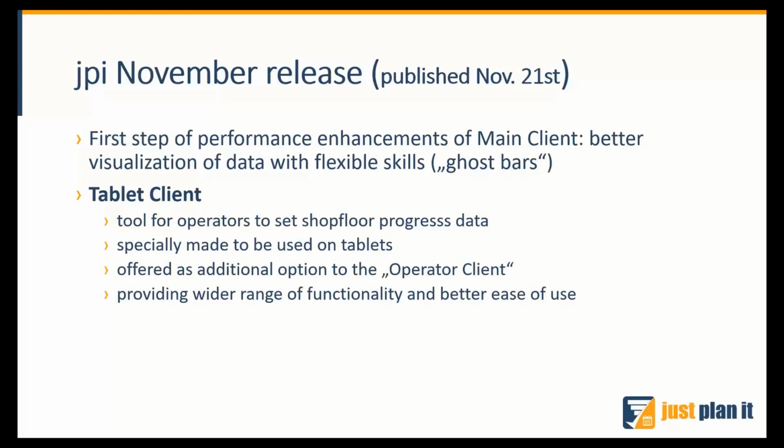I'm pretty sure that you did not even realize that in the new release, but this very tiny loss of information led to a really good improvement of performance. But that was just the first step. I can assure you that with the current sprint, we are already working on the second step, which will also come along with some additional performance gains. But more on that in the next webinar, when I talk about what we have released then.